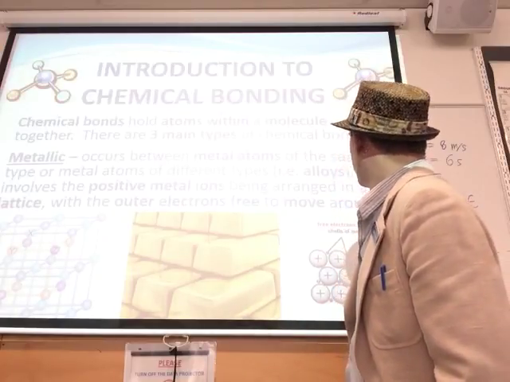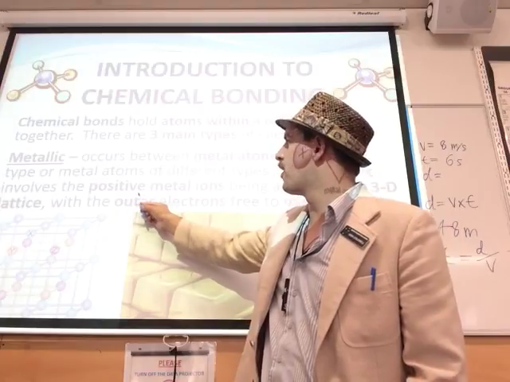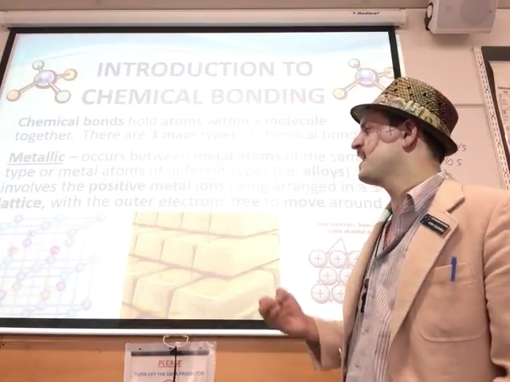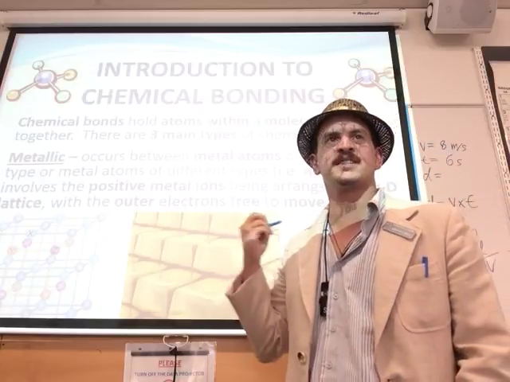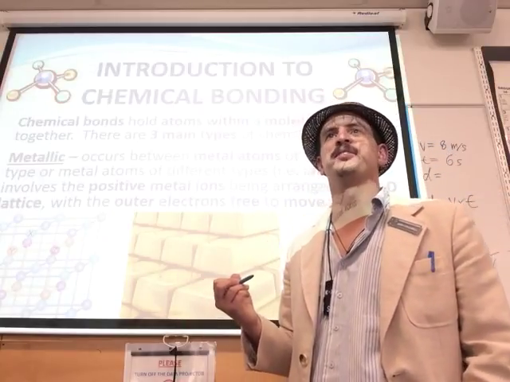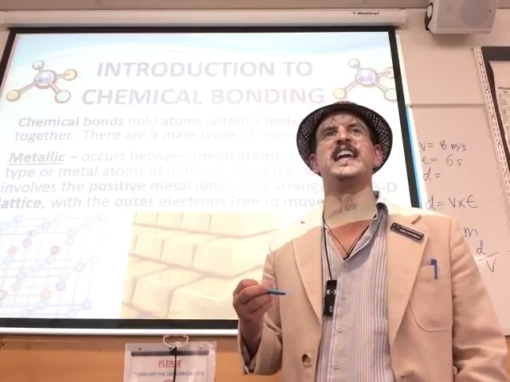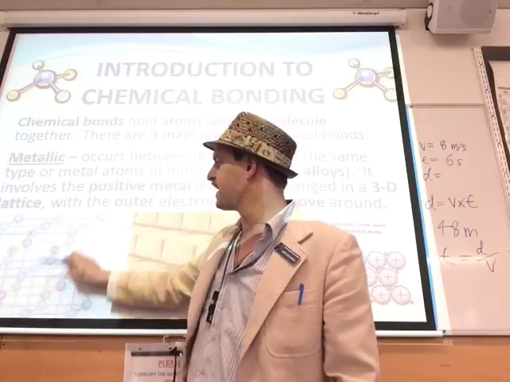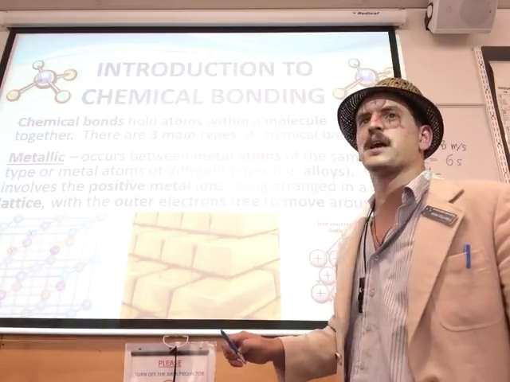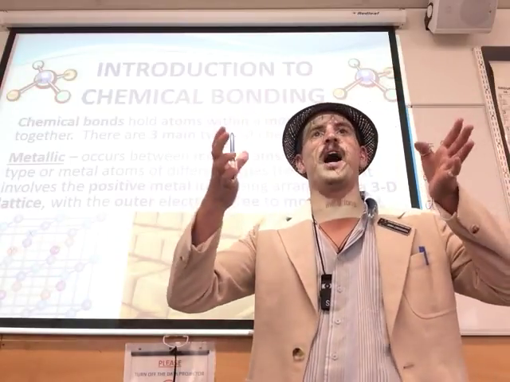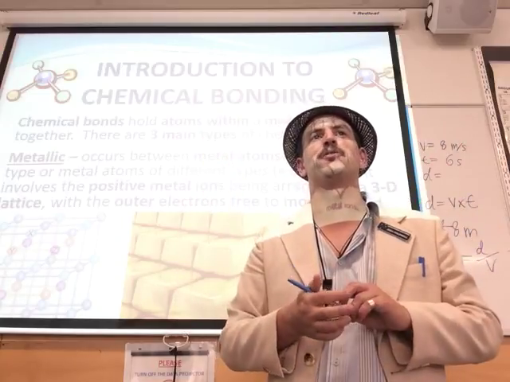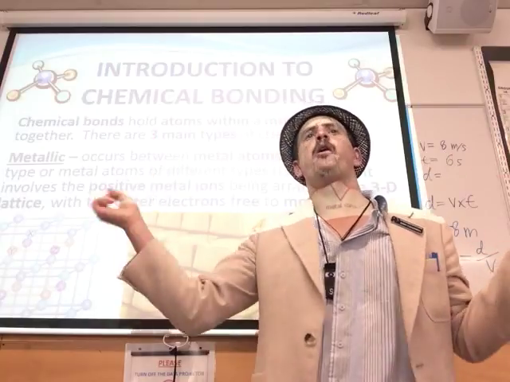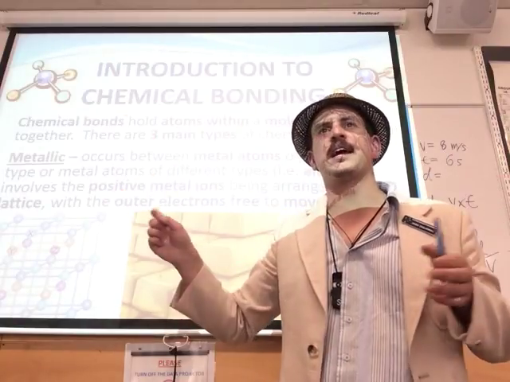When we look at metal bonding, it will involve the positive metal ions being arranged in a 3D lattice. Now, what does that mean, a lattice? All it means is a repeating pattern, an evenly distributed repeating pattern, kind of like this, where they're spaced out evenly. That's how metal atoms arrange themselves when they're bonded together. They have all their positive ions arranged, and flowing through them is a cloud of electrons.